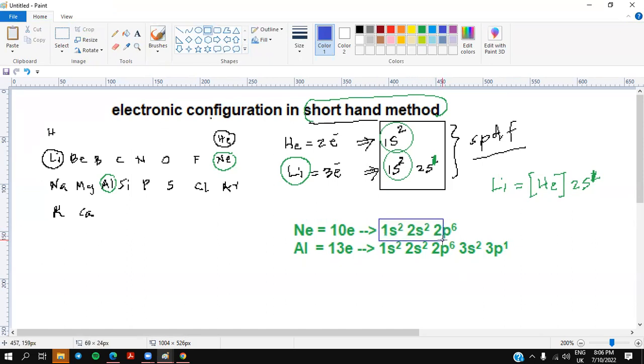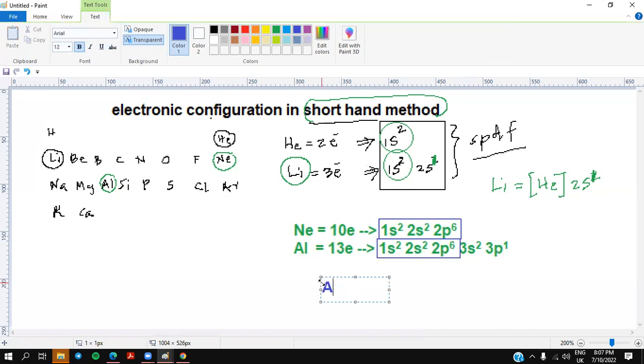Neon electronic configuration is 1s2, 2s2, 2p6. The same electronic configuration is there as a part of the electronic configuration of aluminium. See? So how can I write the electronic configuration for aluminium in shorthand method? Aluminium shorthand method is equal to, don't write 1s2, 2s2, 2p6, because that's the electronic configuration of neon.